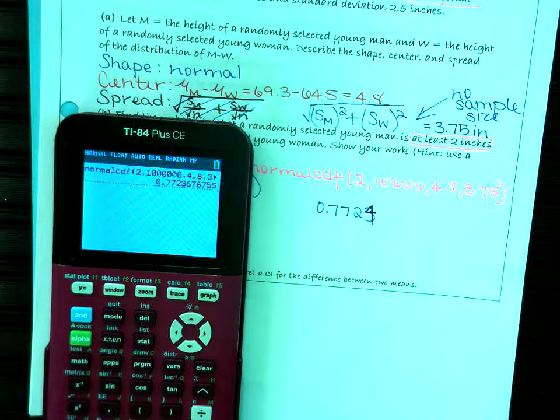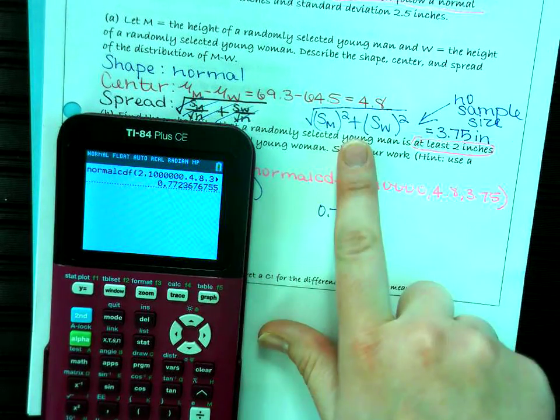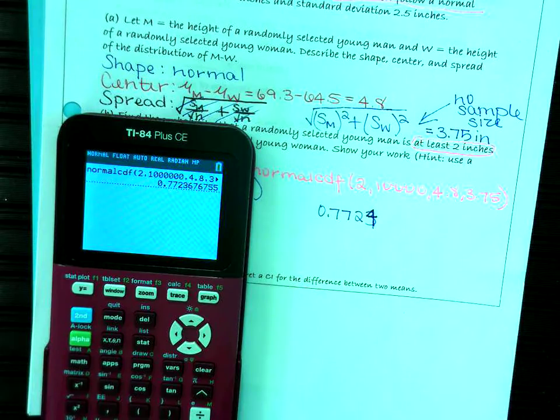You cannot add standard deviations. You have to add their variances. Remember, you had to square it, add it, square root it, which is what I eventually remembered. But I was thinking we had to use the sample size. Okay? Did that answer your question?